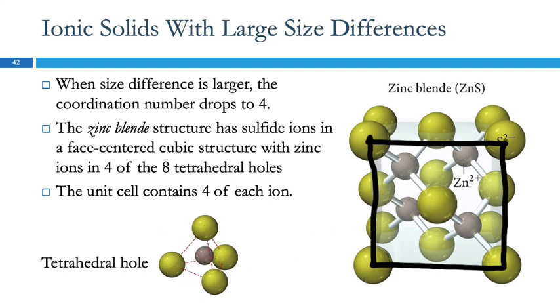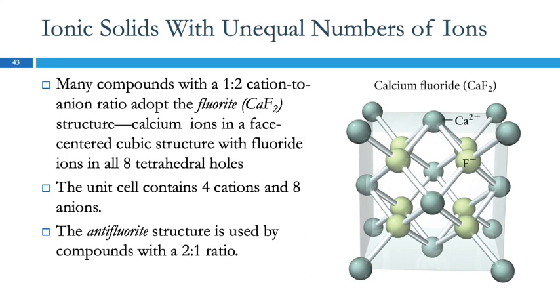That's a subtle point that is just there. It's not that important. Then when you get to 1:2 or 2:1 cation to anion ratios, then things get even more complicated. This is called fluorite structure.